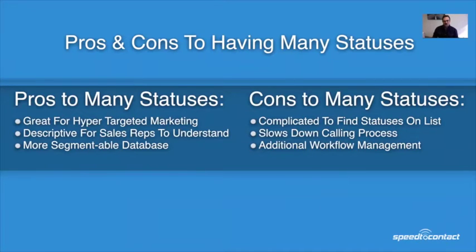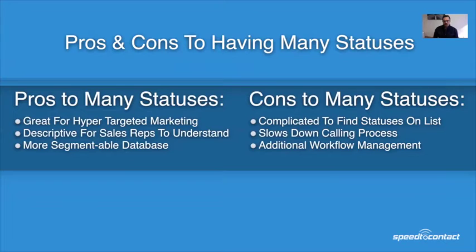So you could trigger an automated email at that point in time when you disposition or status that record in your system. You could either send out a message that is very basic, knowing that you contacted them, or send out a message that's more targeted, knowing that you contacted them and you've already scheduled a meeting. So for marketing purposes, having more descriptive statuses, or more statuses, is very advantageous.